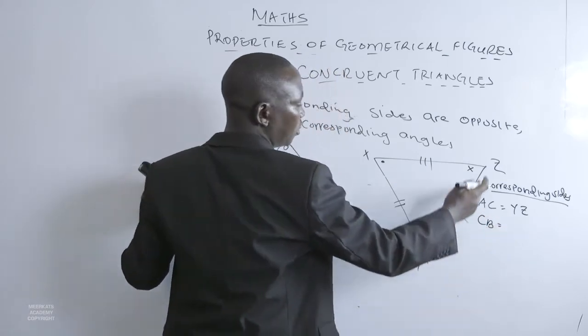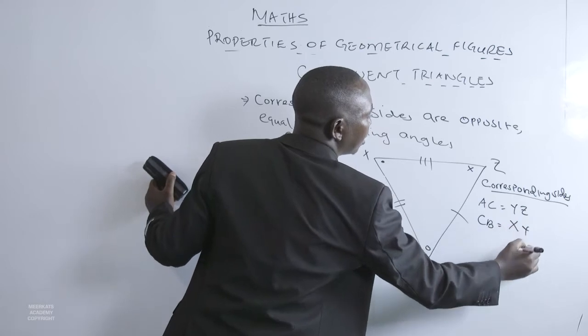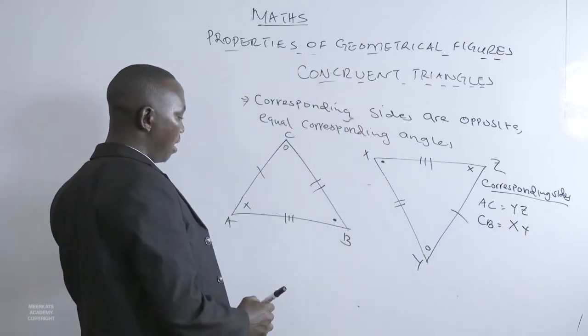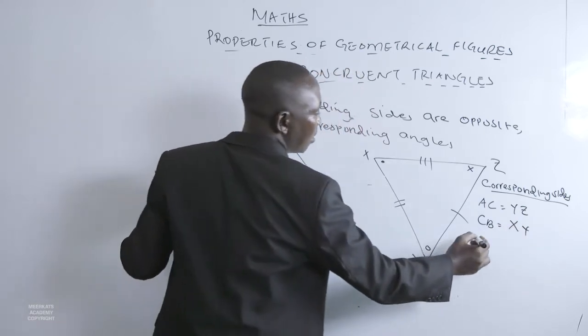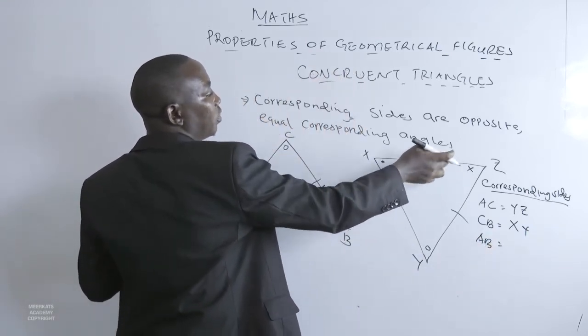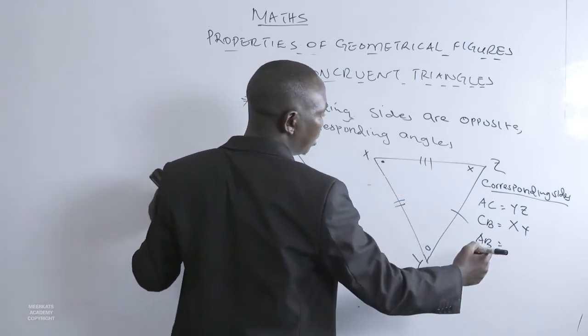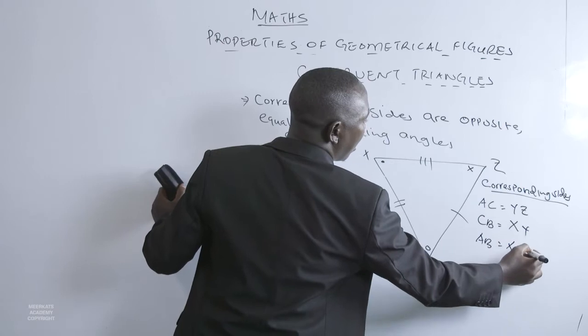CB has two marks, so on the other triangle, the side with two marks is XY, so it corresponds to XY. Then finally, AB has three marks, and it corresponds to the side which also has three marks, hence it corresponds to XZ.